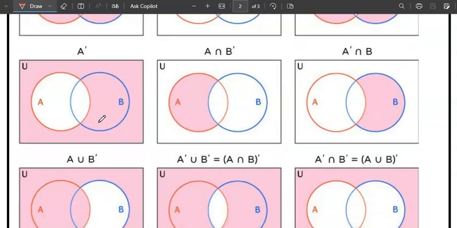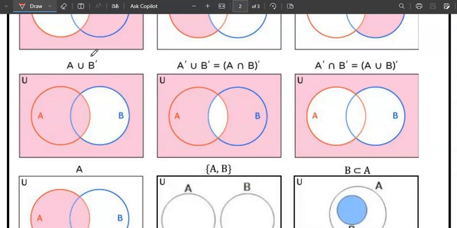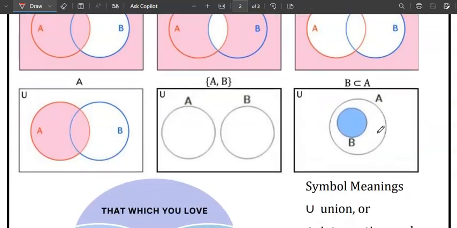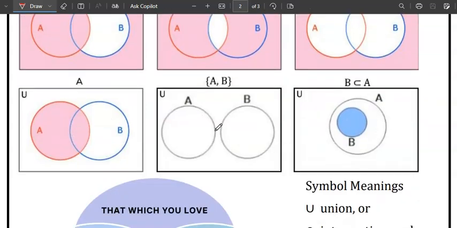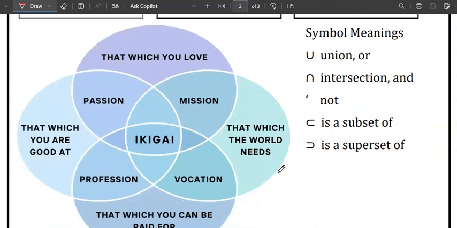Not A and not B. Not A and B. A or not B. Not A or not B. Not A and not B. A set of two distinct things, A and B, and then B is a subset of A. Here's what each of those symbols mean.